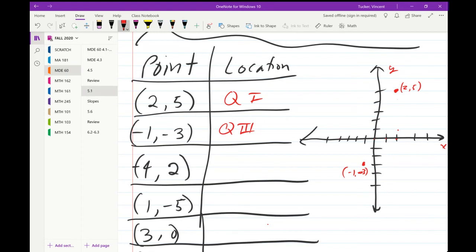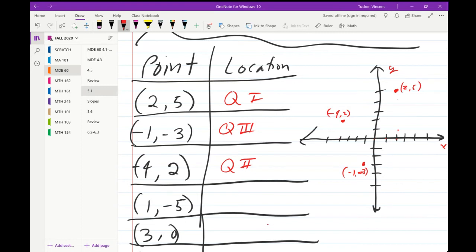And then -4, 2. So start at your origin. Go to the left 4, up 2. Yep, puts us in Q2. And then 1, -5.